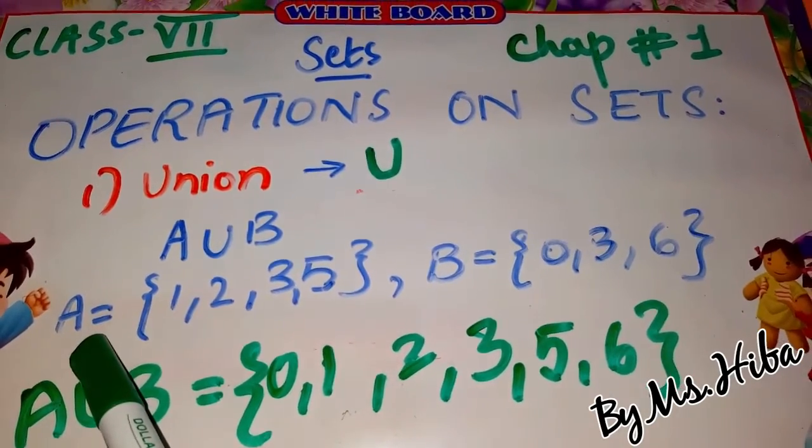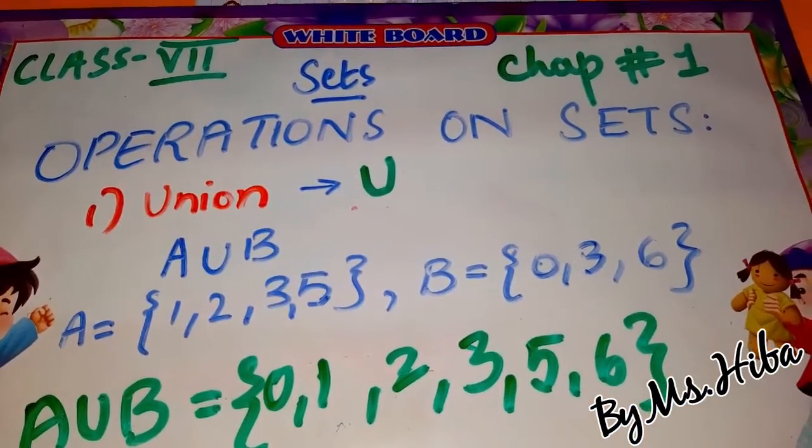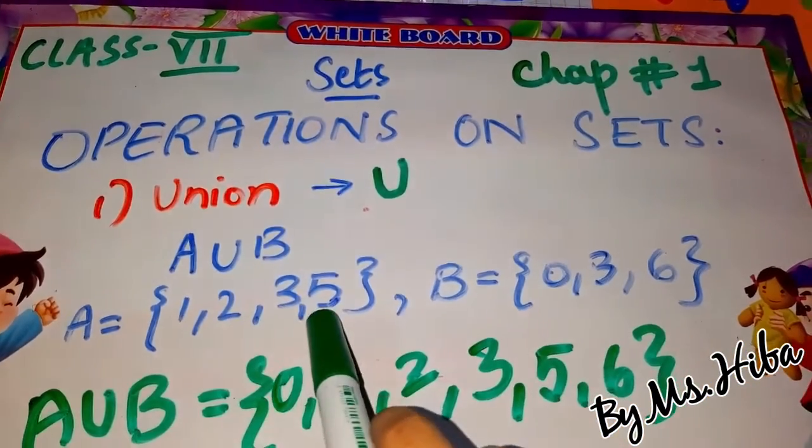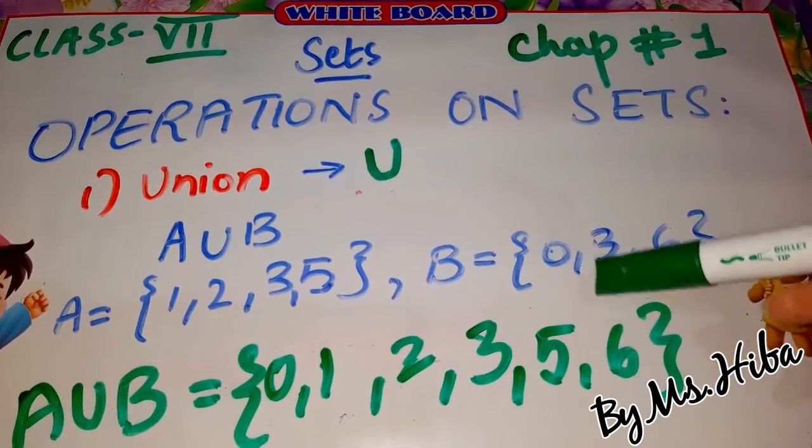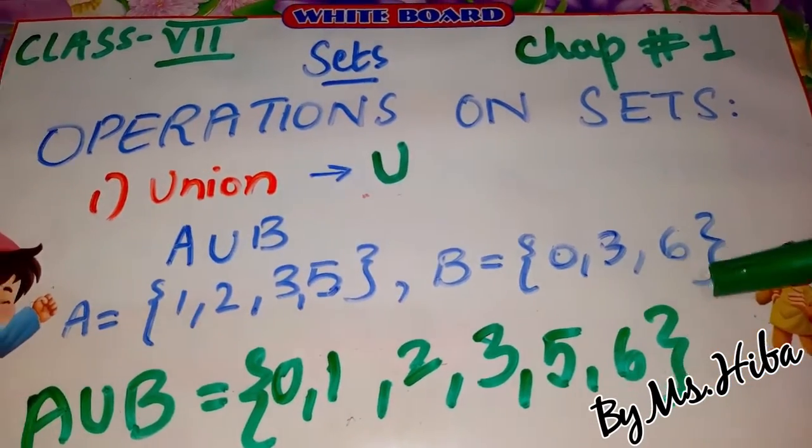For example, here we need to find A union B. Here we have a set A which contains elements 1, 2, 3 and 5, and set B contains elements 0, 3 and 5.